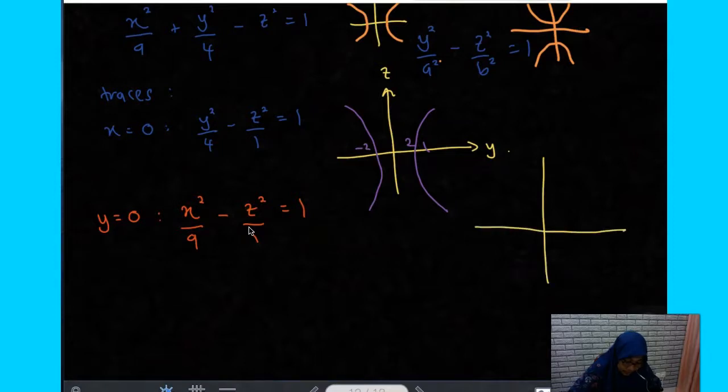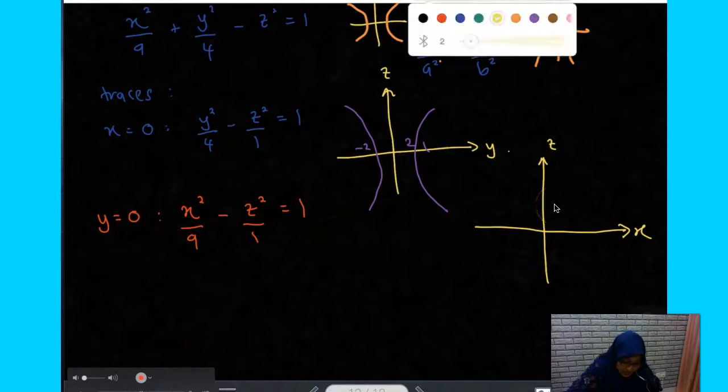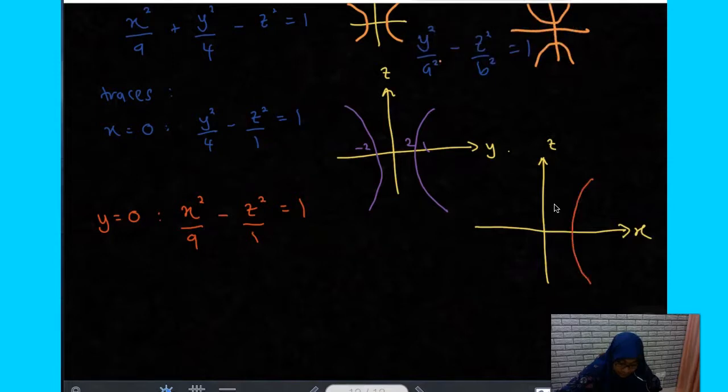Now let's say we want the zx plane. On the zx plane, we have another hyperbolic shape, and again the negative sign belongs to z, meaning that at this plane the graph never touches z. So again, here we have this shape.